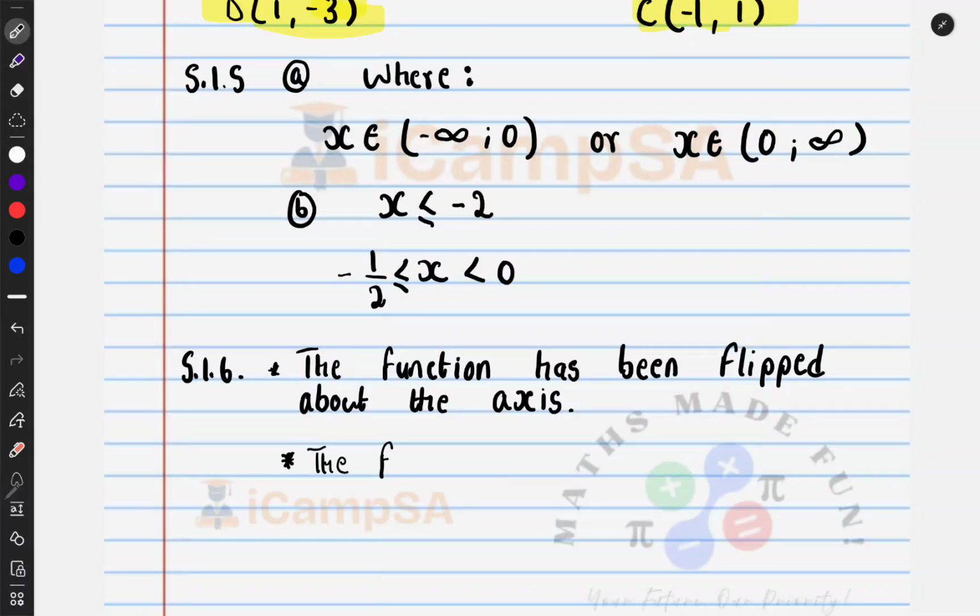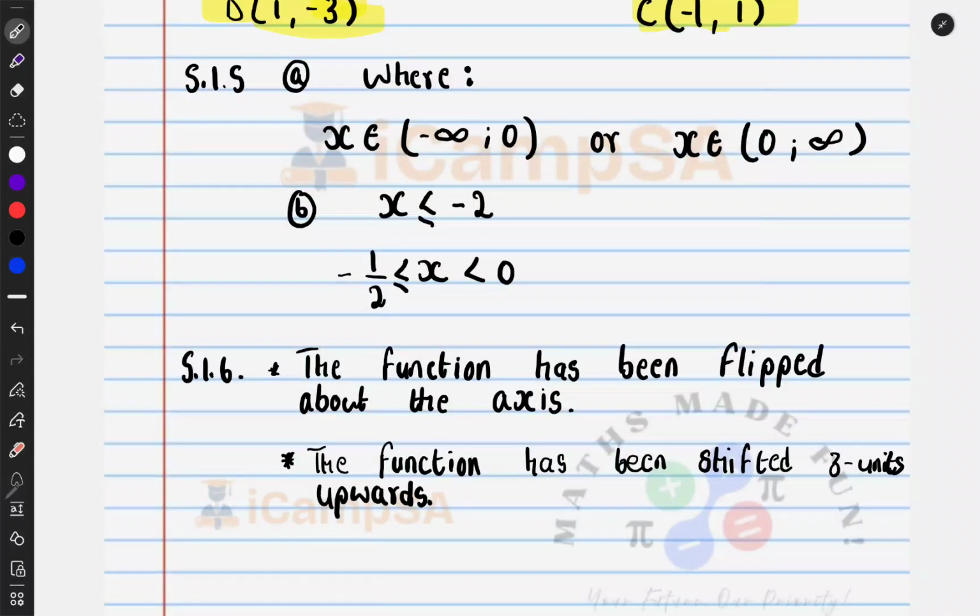The function has been shifted 3 units upwards.